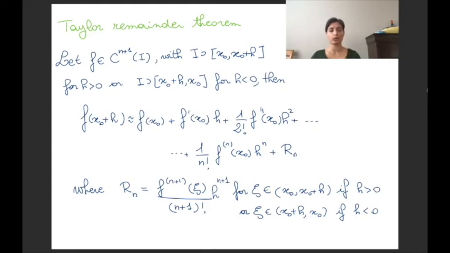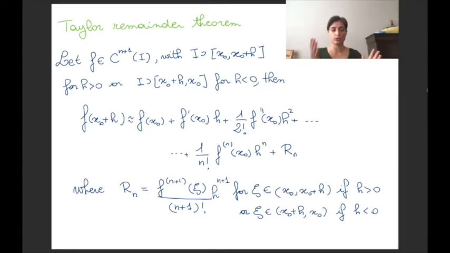Then we can write the value of the function at f(x0 plus h) with a sum of information about the derivatives of f at x0. We can either truncate after a certain number of terms or add the remainder. If we add the remainder, actually it's an equality. It's not an approximation anymore.